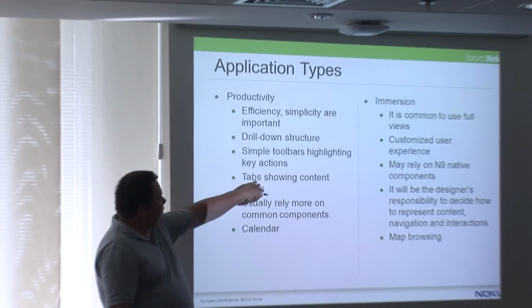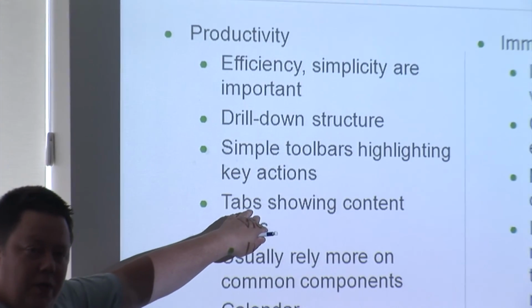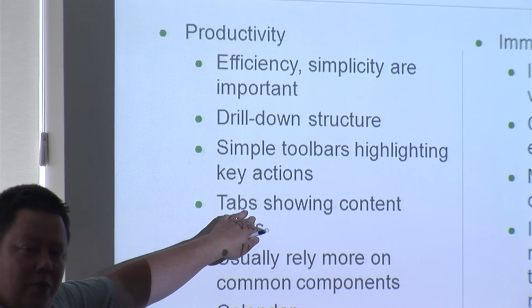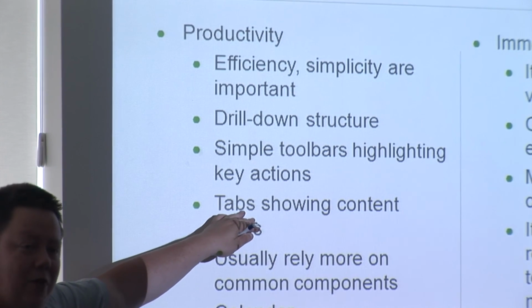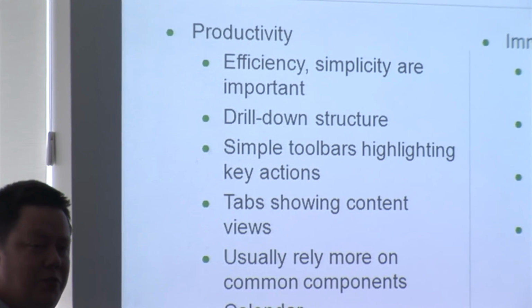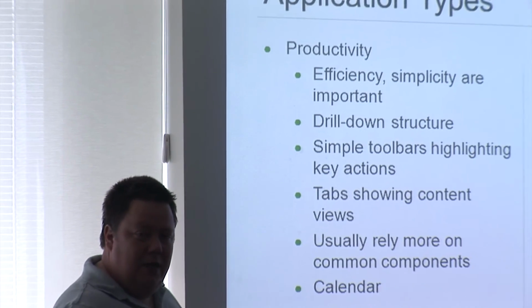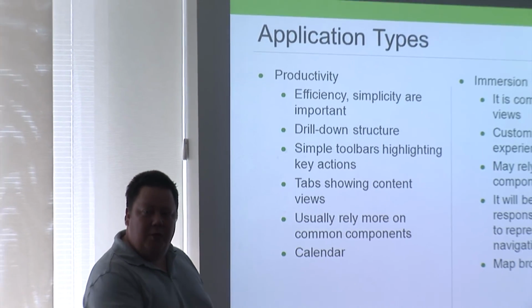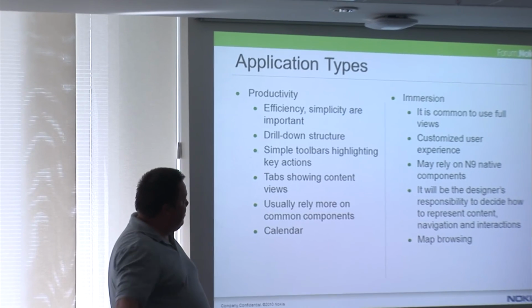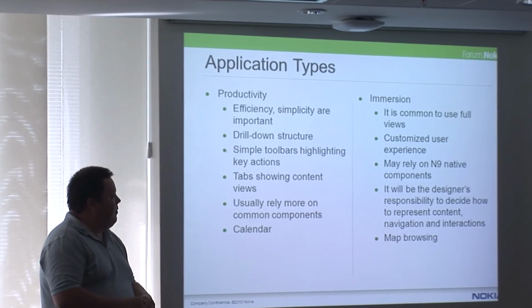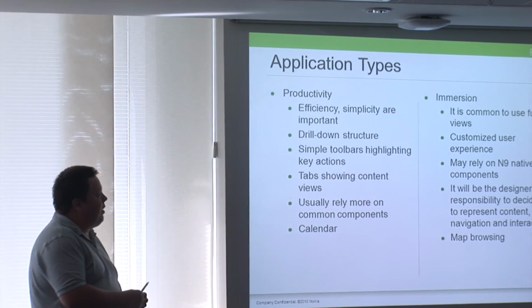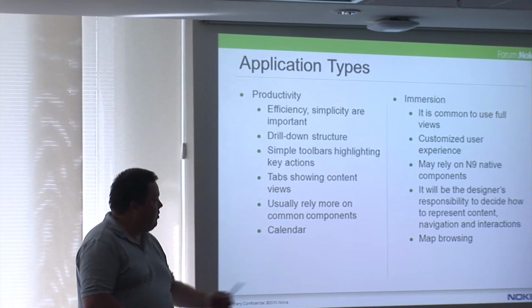So show this view. Okay, click tab, show another view to do message editing, for example. Click another tab to send a message, and so on. A sequence of functionality where each functionality is one view. This is an example when the productivity approach is good.